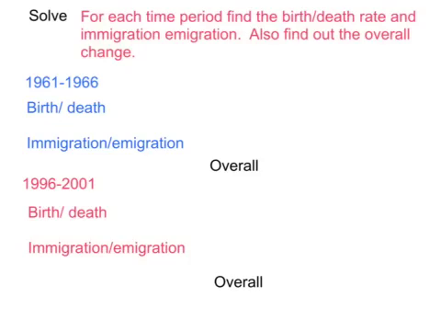So during 1961 to 1966, we had 224,900 births, and I'm going to take away from that, or to be technically accurate, I'm going to add a decrease of 731,000 deaths.